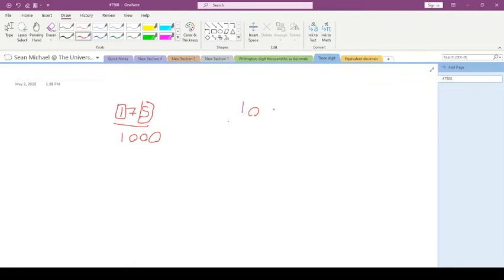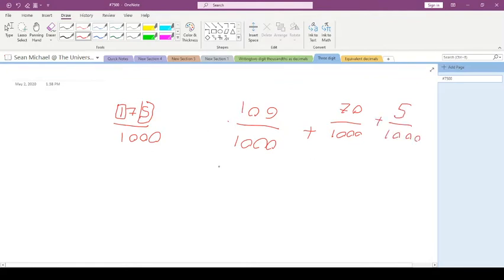We could say that it's 100 thousandths plus 70 thousandths plus 5 thousandths. And so let's look at each one of these, and then we can figure out the notation.